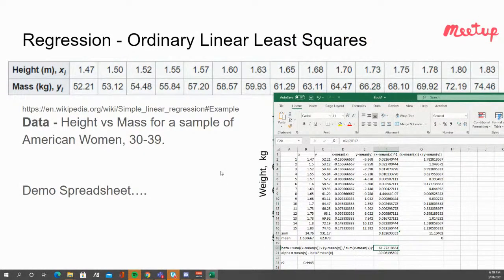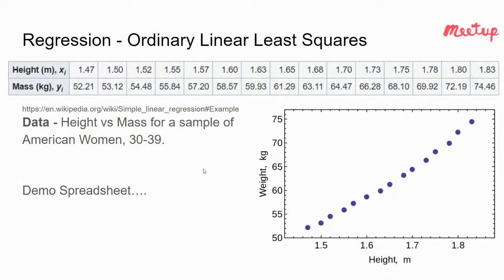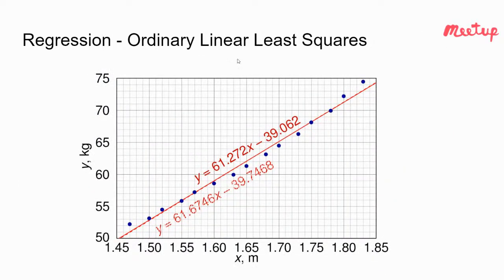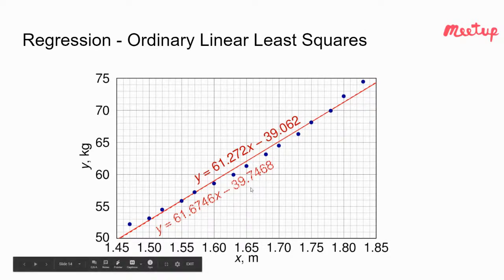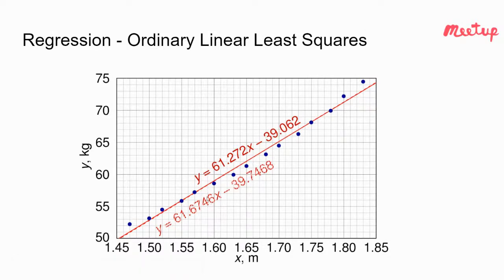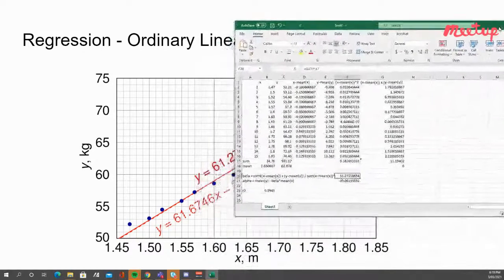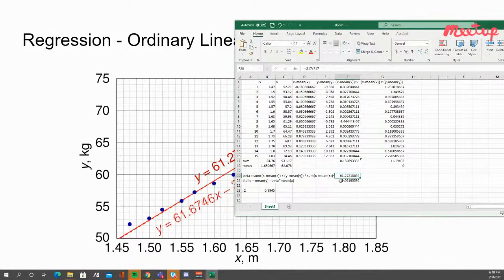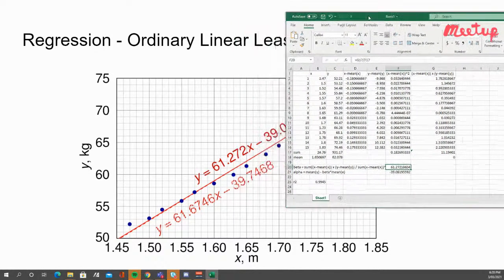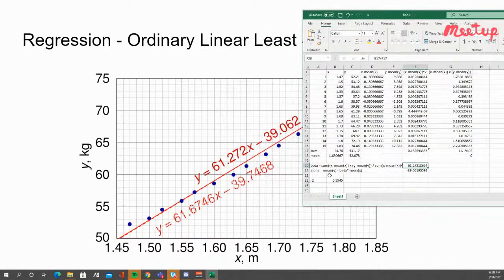And I'll show you the results. So this is the slide from Wikipedia that contains the results. This is for another example where they've changed one of the values to show the effect of variance, but this is what we're looking at. This is a value from Wikipedia, and this corresponds to a beta of 61.272 and an alpha of minus 39.062.